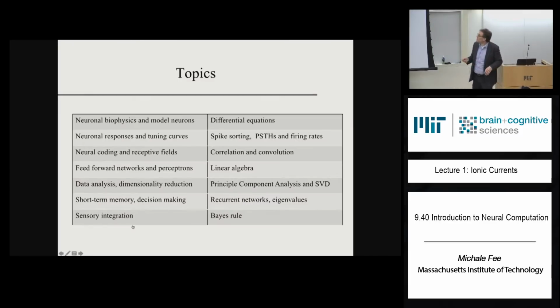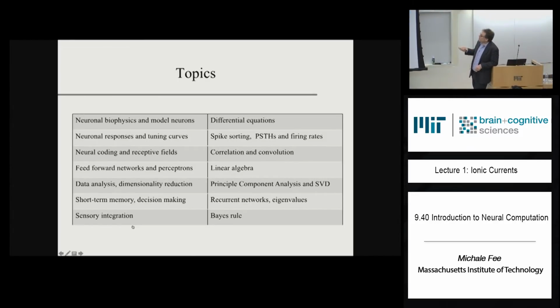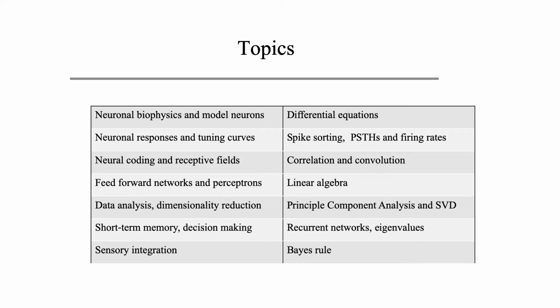So let me just mention some of the topics that we'll be covering. So we'll be talking about equivalent circuit models of neurons. Let me just explain how this is broken down. These are topics that we'll be covering, and these are the mathematical tools that go along with those topics that we'll be learning about in parallel.